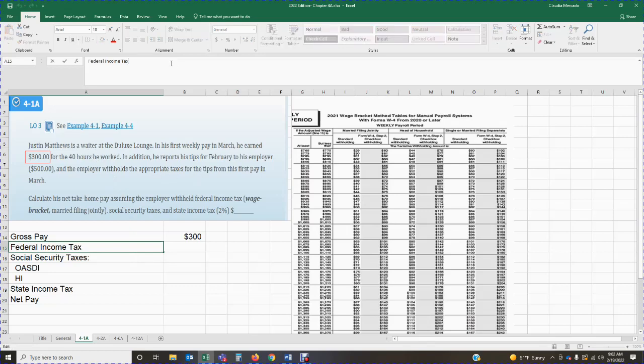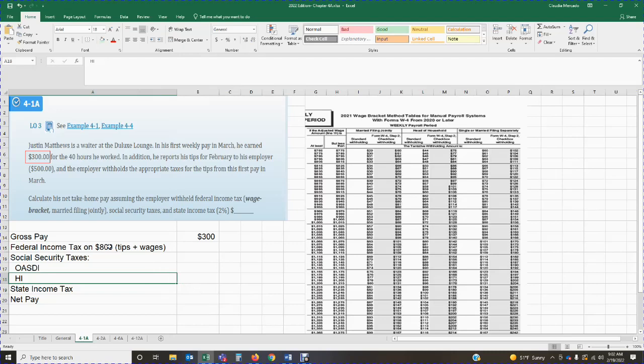For federal income tax purposes, we are going to calculate taxes on $800. That is the tips plus the wages he earned, $500 plus $300. So for purposes of this problem, all taxes are going to be based on $800. Why?